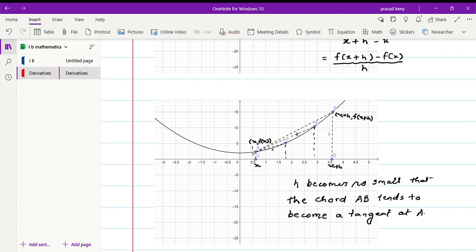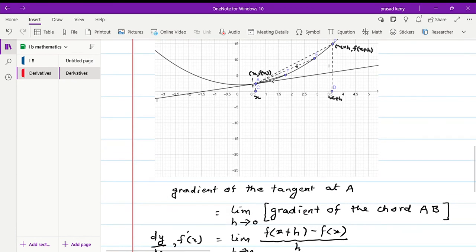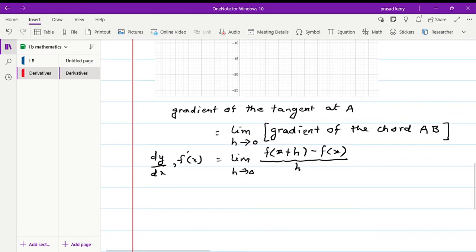When A and B will merge with each other, the chord AB will tend to become a tangent. That means I will say that the gradient of tangent at A is the limiting case. Keep it in mind when I am saying limit as h tends to 0, h is not actually becoming 0, but it is coming very close to 0. For example, maybe 0.000001.